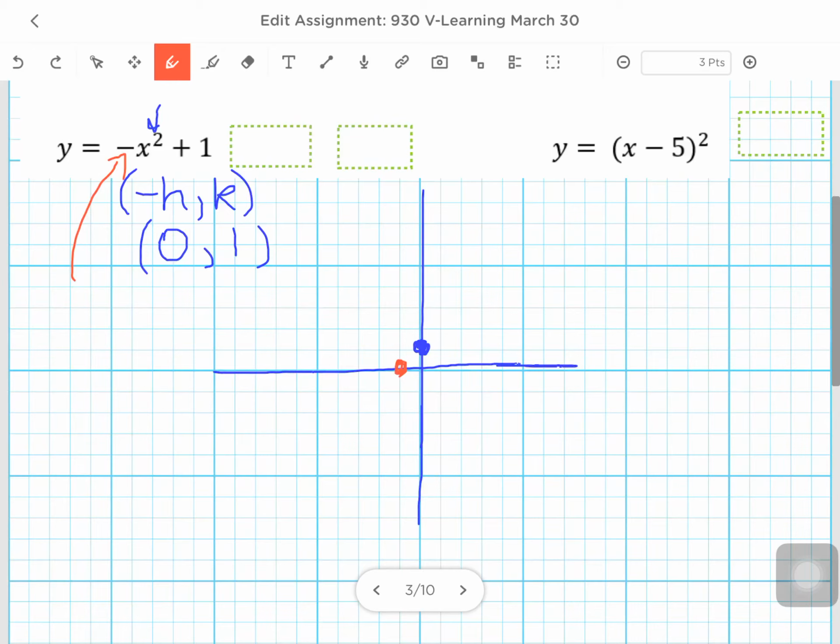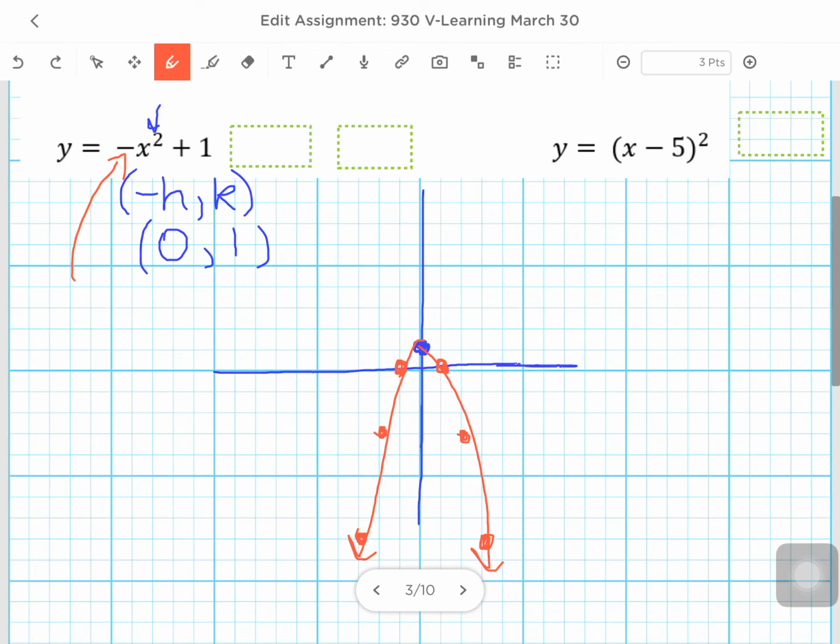Since it's opening down, it's over 1, down 1. Over 2, down 4. And then over 3, down, hopefully remember, 9. Because we're just taking those numbers and squaring them. So 1 squared is 1, 2 squared is 4, 3 squared is 9.